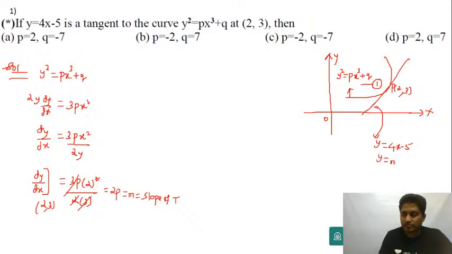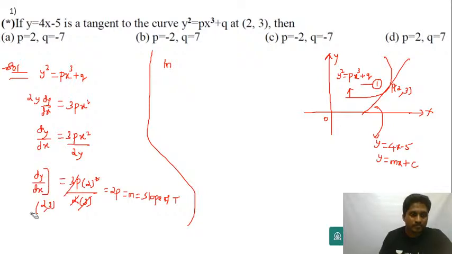This is of the form y equal to mx plus c, so the slope of the tangent m is equal to 4. That's already given in the question. If I equate the two values of m, you get 2p is equal to 4, so p is equal to 2.